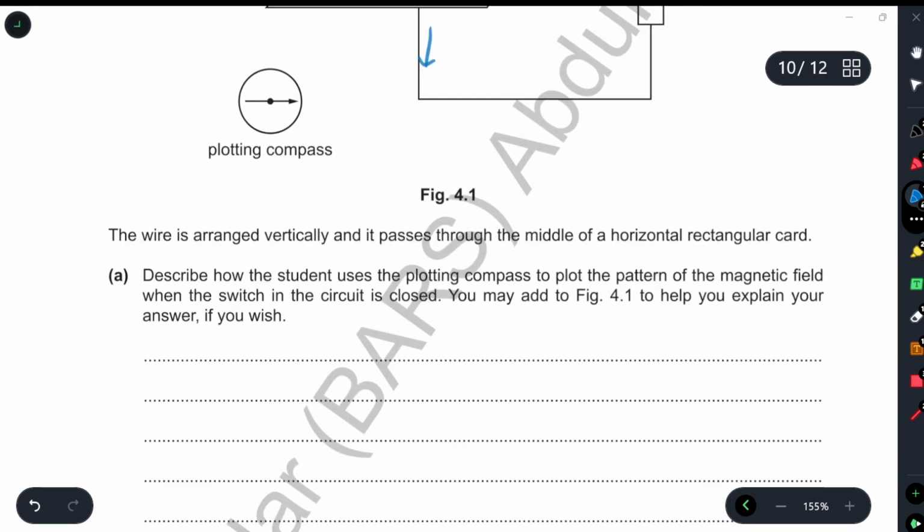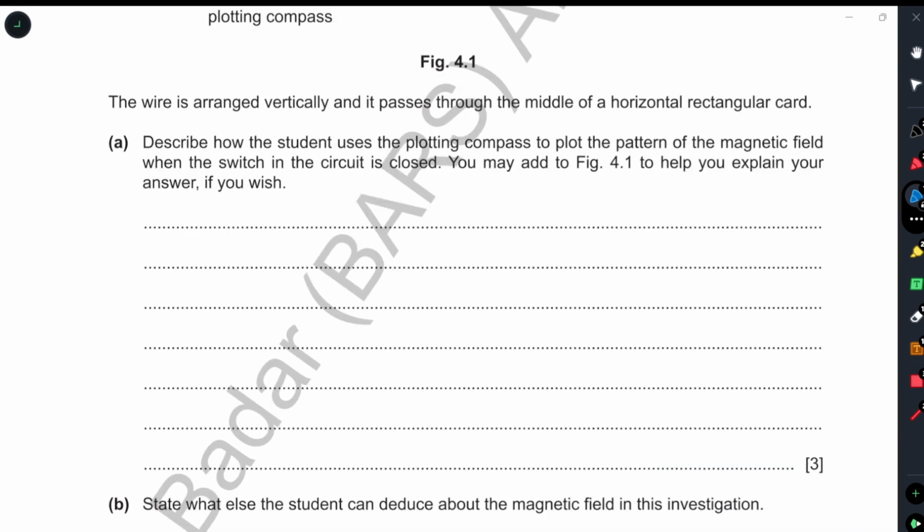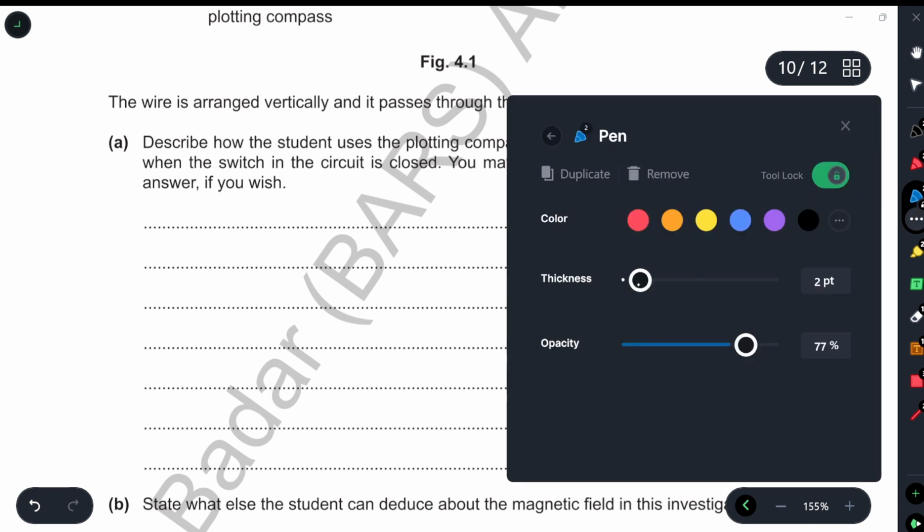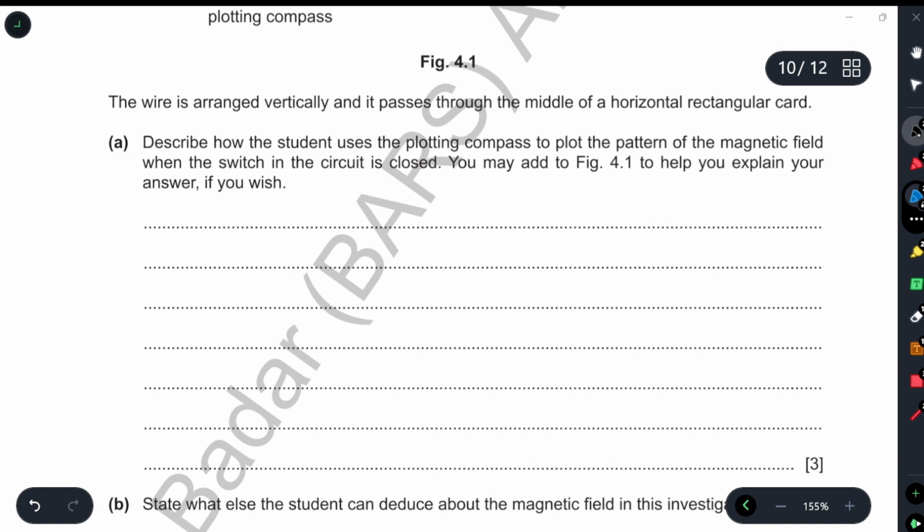So that's what I mean by concentric circles. So again, what are you going to write? So you're going to write, okay, first place a compass near the wire, and see the direction of the compass. So place a compass near the wire. So we place a compass near the wire.